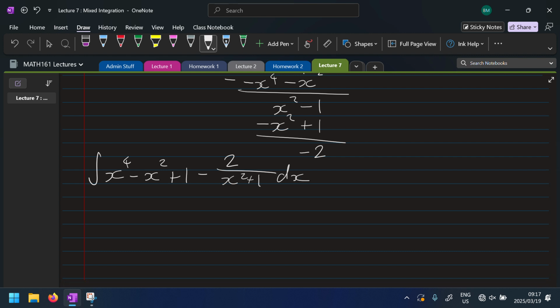Now x squared plus 1, we can't factor that, so there's no splitting that up into two parts. But we know already that that's going to be arctan. 1 over x squared plus a squared, that's arctan.